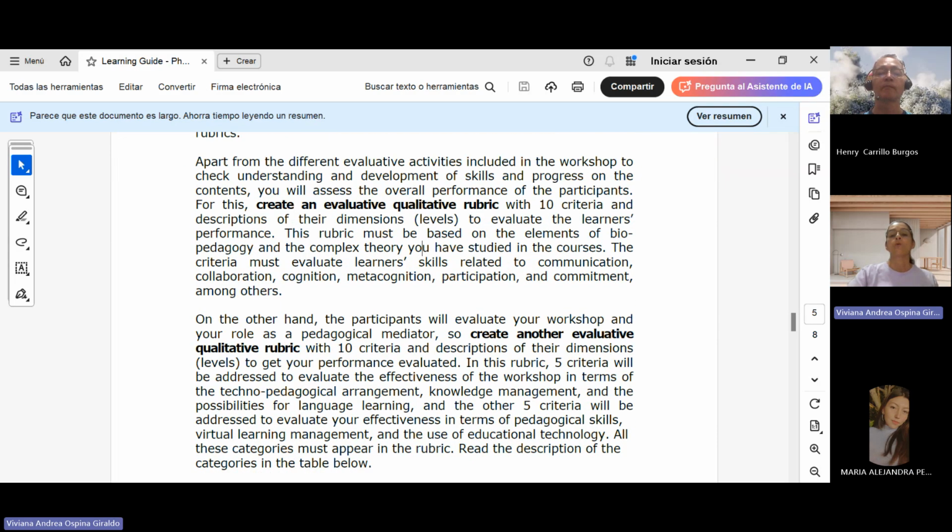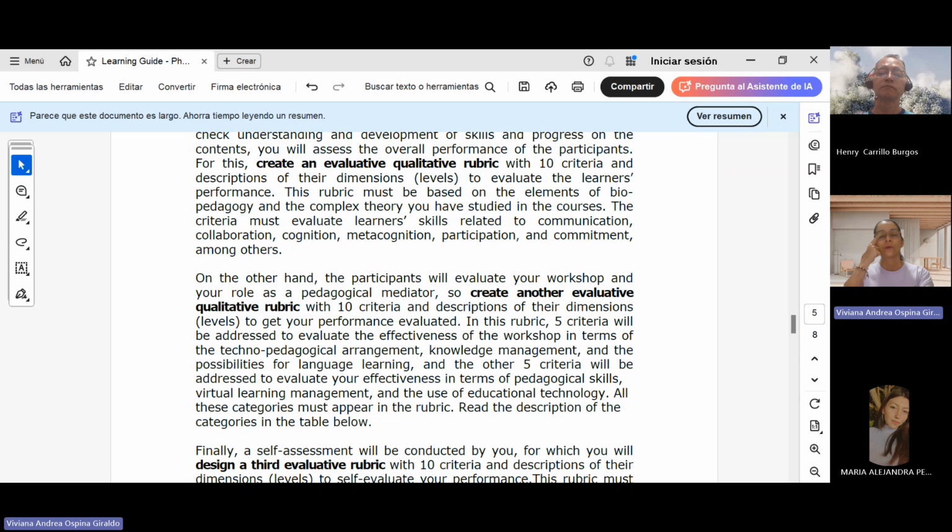On the other hand, the participants will evaluate your workshop as well, and your role as a pedagogical mediator. So you have to create another evaluative rubric with 10 criteria and the descriptions.